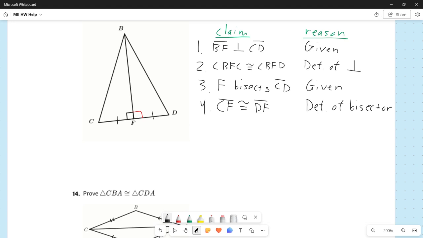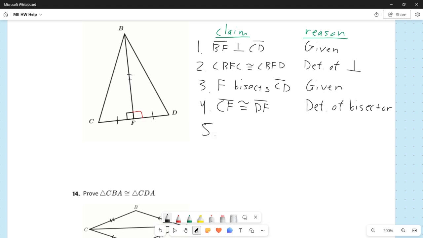All right, so we have S and A in either order, essentially. So at this point, we need at least one more thing in order to say that these two triangles are congruent, the triangle on the left and the triangle on the right. And notice that BF is in both triangles. BF is a side of triangle BFC on the left. It is also a side of triangle BFD on the right.